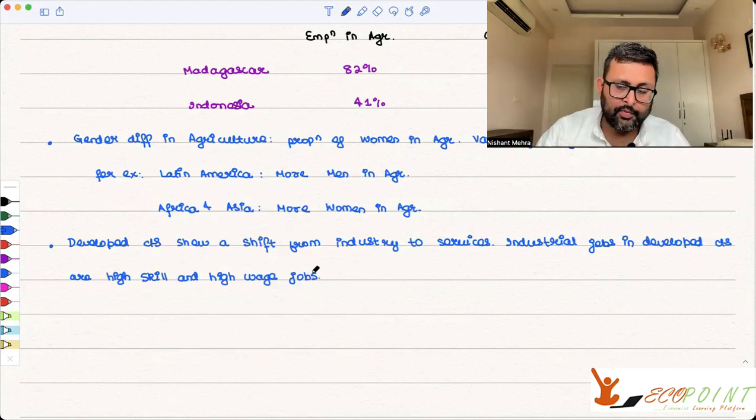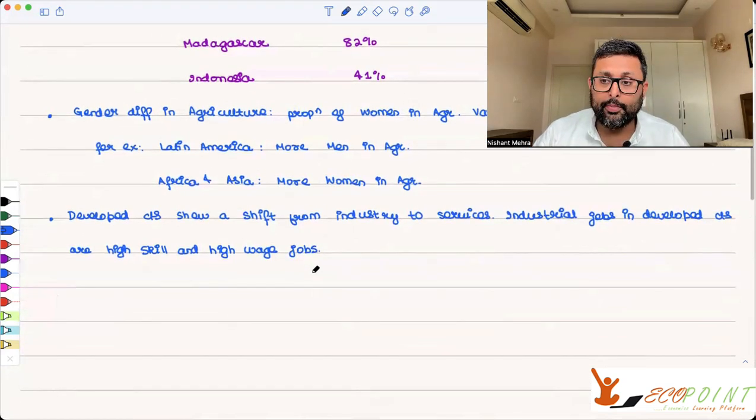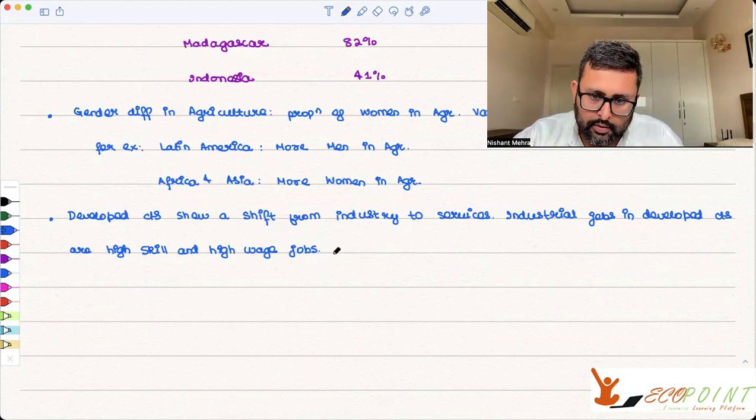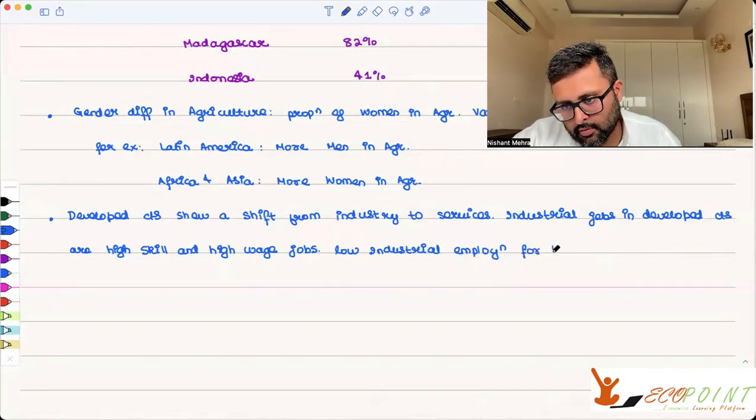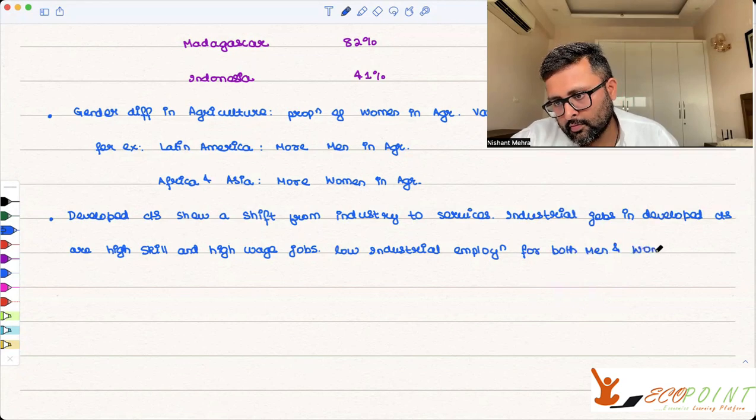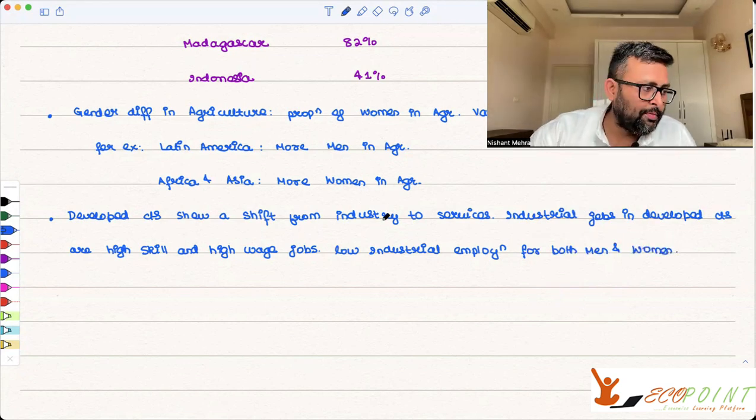If you look at industrial employment in Africa, there is low industrial employment for both men and women.